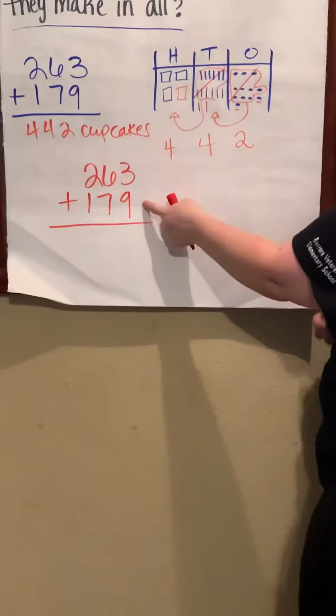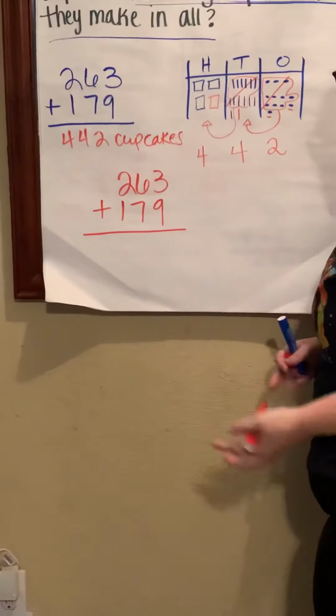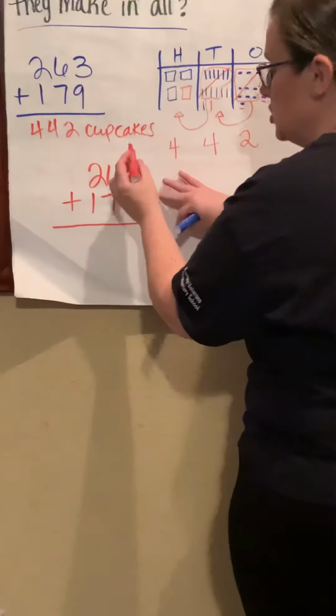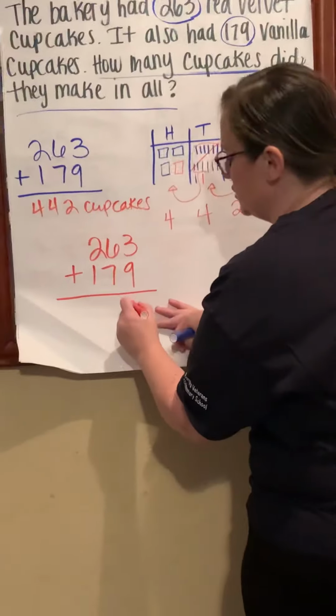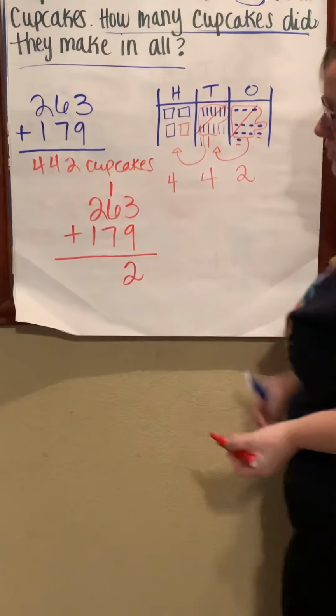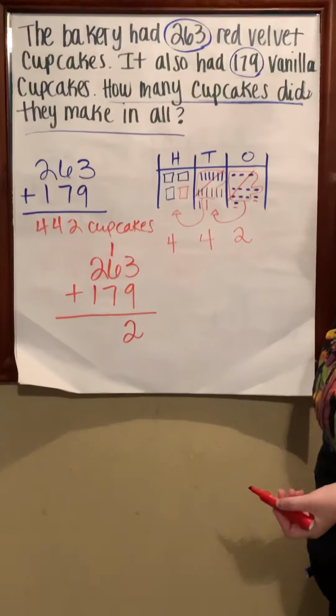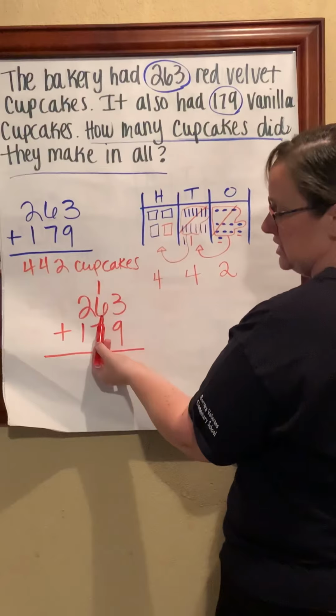We're going to start with the ones, and we've got 3 plus 9. That equals 12. So I know that I can't have 12 in a specific place value, so I'm going to put my 2 here, and I'm going to move my 1 from the 12 over into the tens place. Now I've got 1 plus 6, and that equals 7.